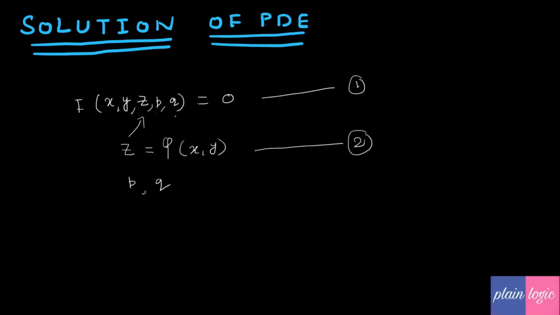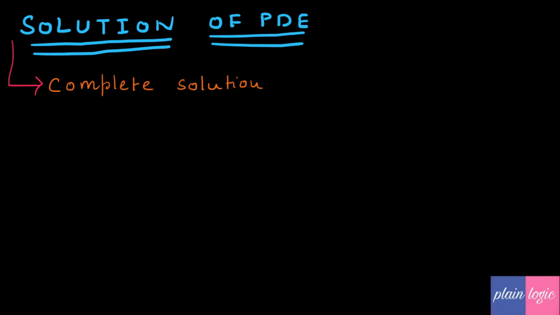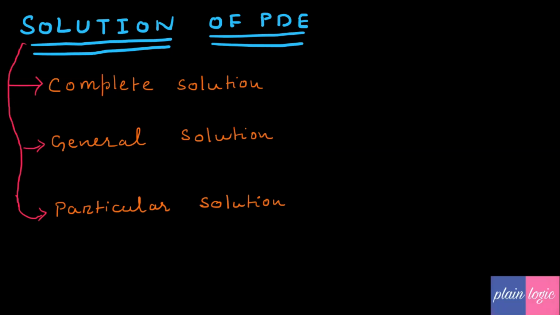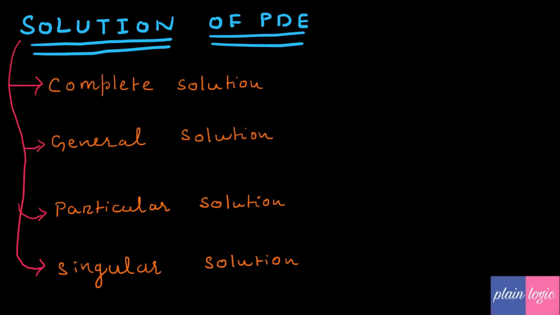First order partial differential equations, which involve first order partial derivatives. So the classification goes like, the first one is called complete solution, the second one is general, the third one is called particular solution, and the final one is called singular solution.